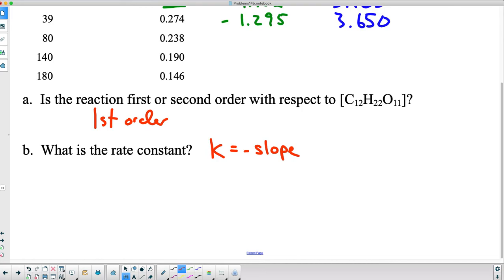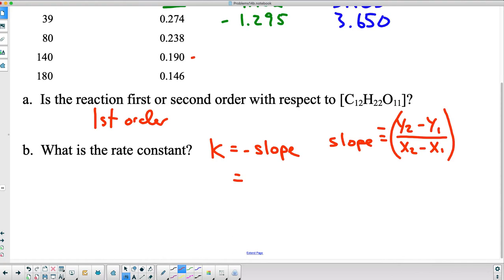So you guys know that slope, when we have points, is equal to rise over run, which means y2 minus y1 over x2 minus x1. And that should give us the slope. This whole thing here is going to be a negative. So if I do that using the slope equation, one of the points I can use is this one here.